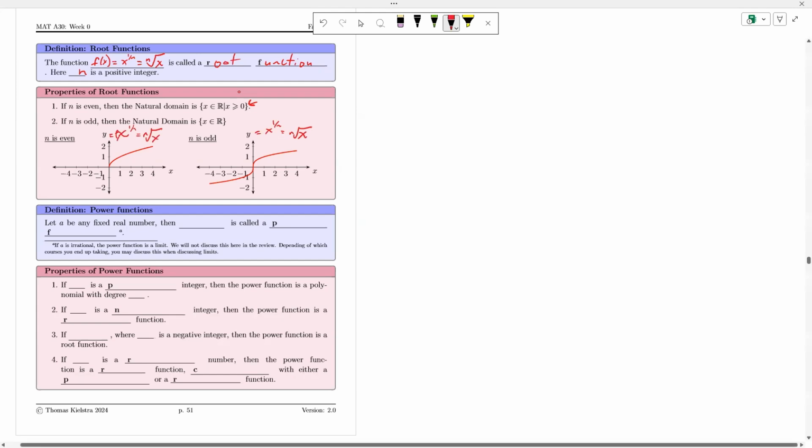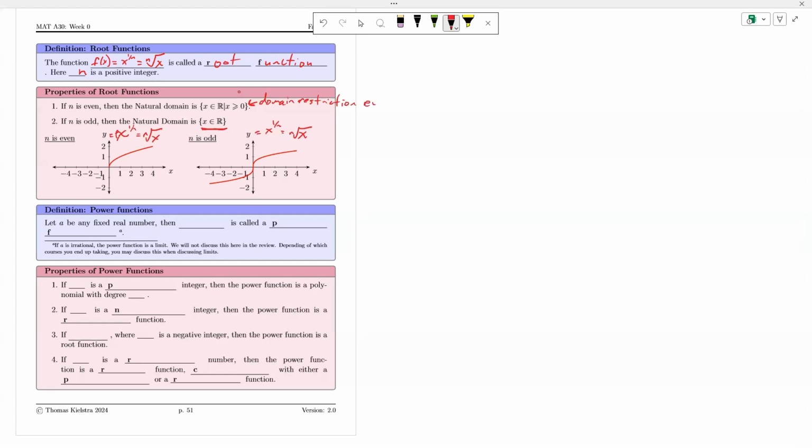When n is odd, there is no domain restriction. So there's only a domain restriction if n is even.